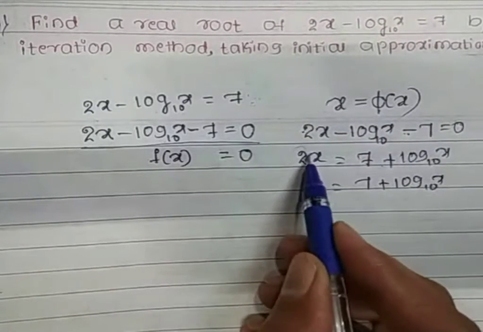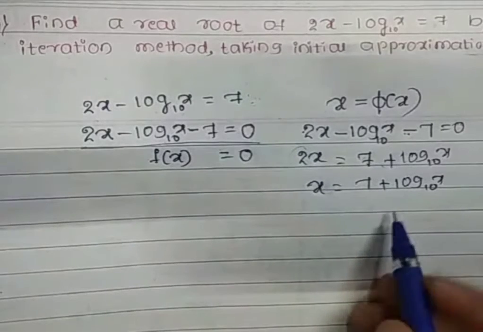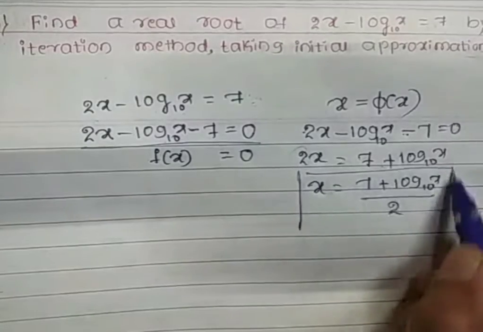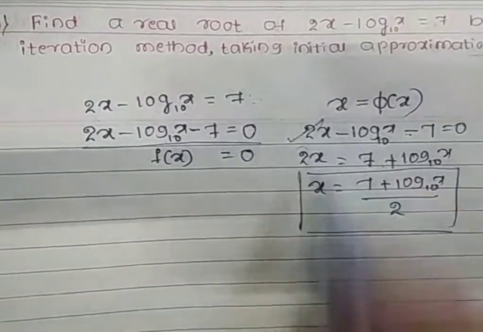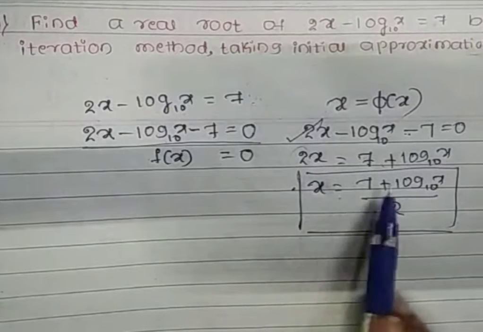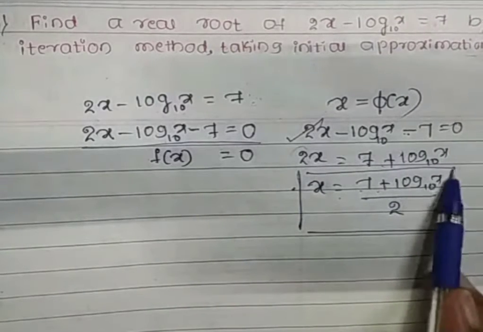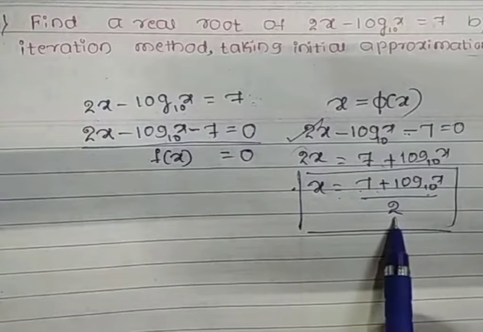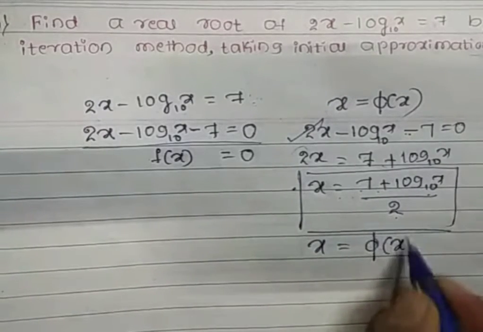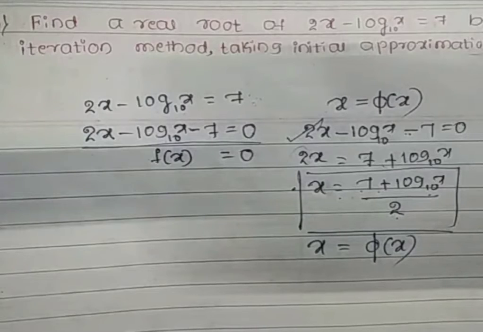Here 2 is multiplied. If we take it to the right side, then it will be division. So here we have got the equation in terms of x, that is x is equal to 7 plus log x to the base 10 divided by 2. So we can say that this is in the form of x is equal to phi of x.